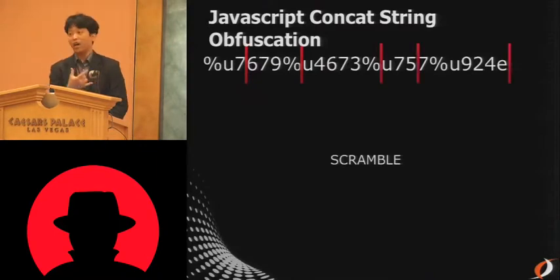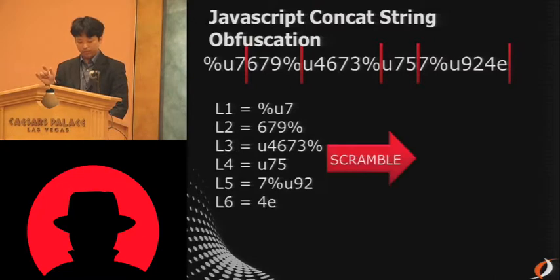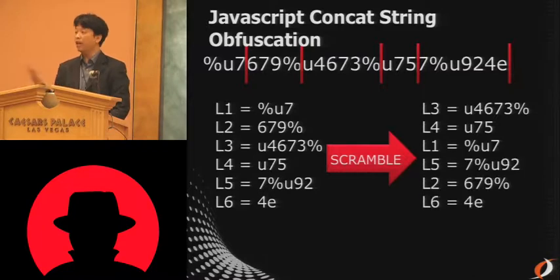You can specify, for example, chop every 3 to 10 characters. Then it assigns these chunks to different variables, and then it scrambles these variables so that the assignments are randomized.